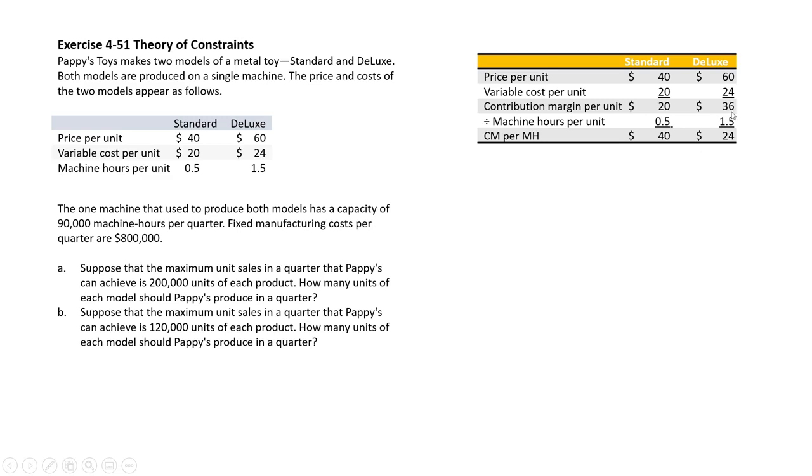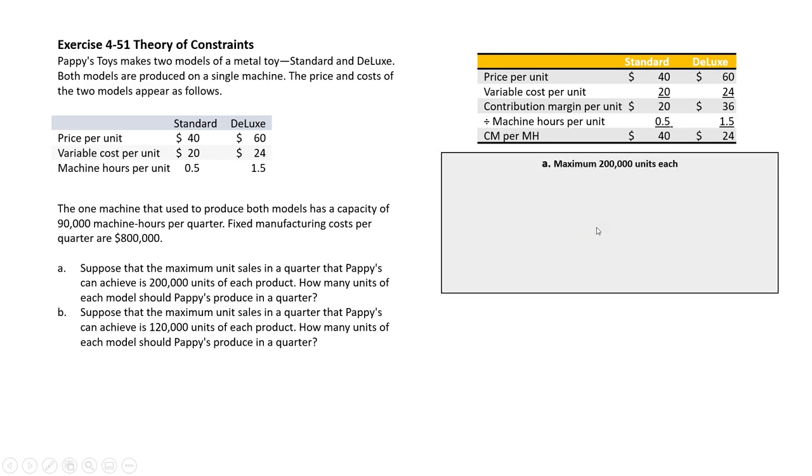On the other hand, a $36 contribution margin for deluxe divided by 1.5 machine hours means an individual machine hour is only producing $24 in contribution margin if it's producing deluxes. So we flip this around in this situation. We would first want to go after standards because they produce a higher contribution margin per our constrained resource.